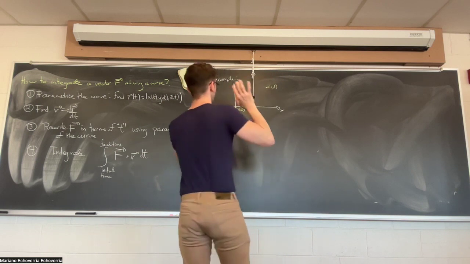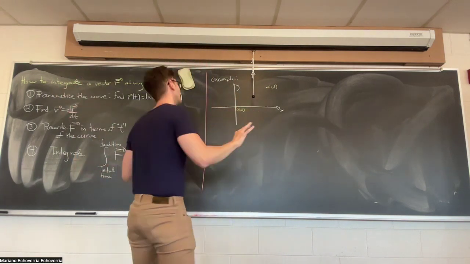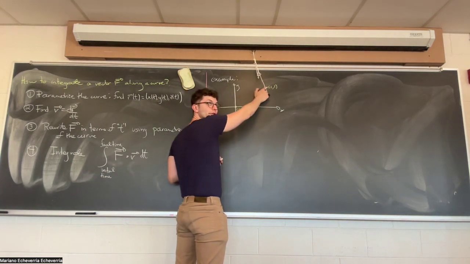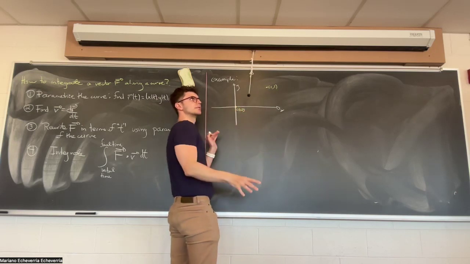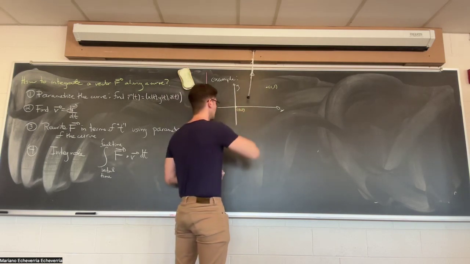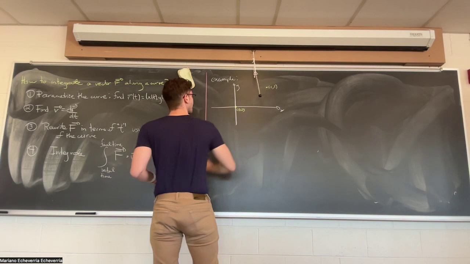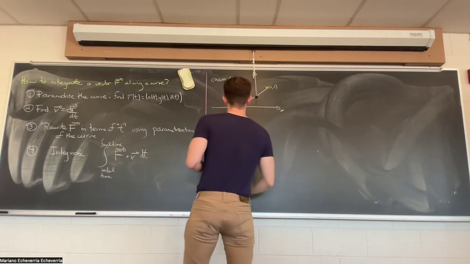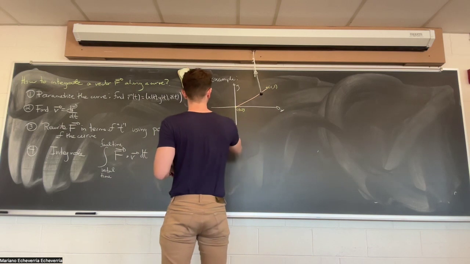Assume there's some object placed here and you want to transport it to this point (1, 1). The easiest thing to do is to move it along a line, so I'm going to draw this line segment connecting these two points. And let's say that F, suppose.